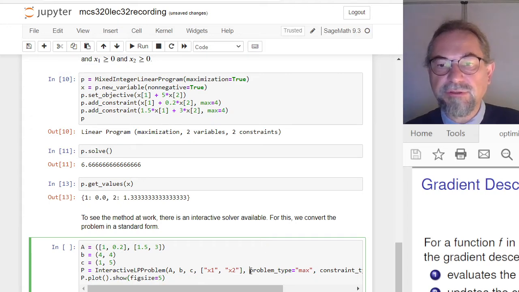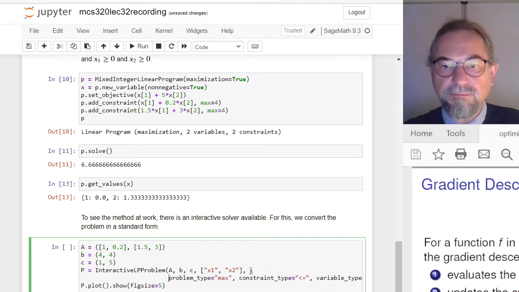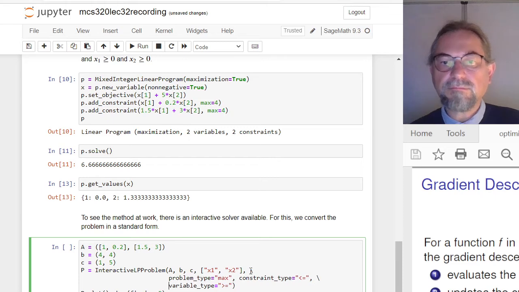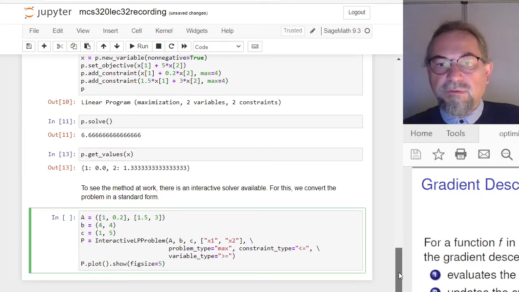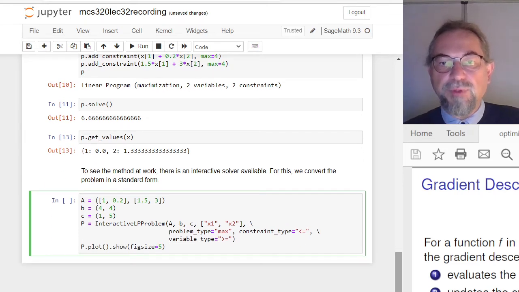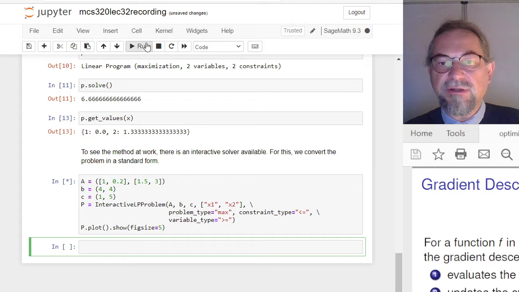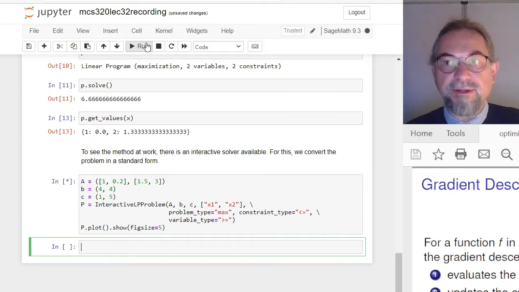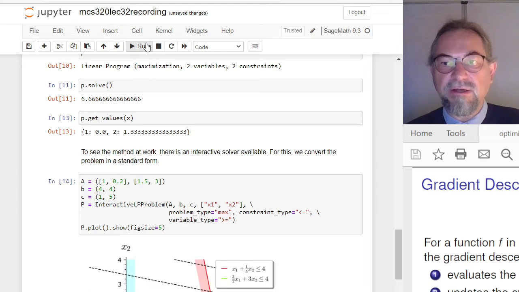So, and I should be a little bit more careful with the editing. So this is the same problem again, where I have the constraints, but now the constraints are given by numerical data.